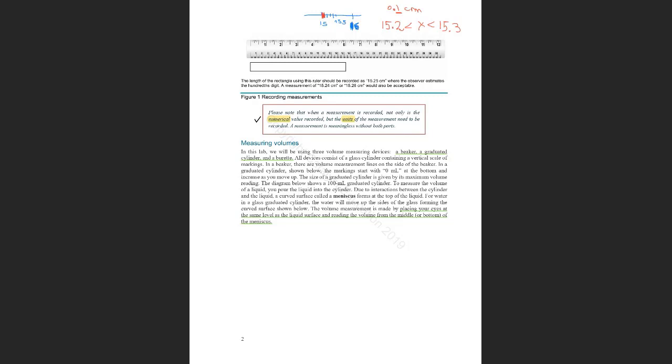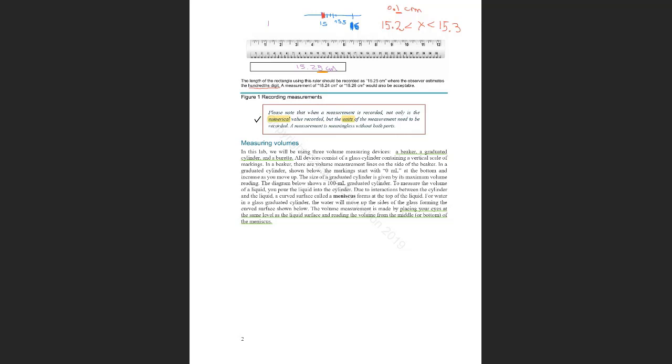We have to use one more decimal, and here we have to estimate the hundredth digit. So we will say, okay, this length is 15.25 centimeters. We estimated the last digit, that is the 5.